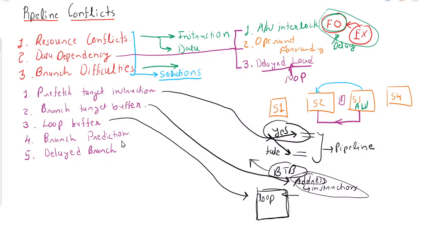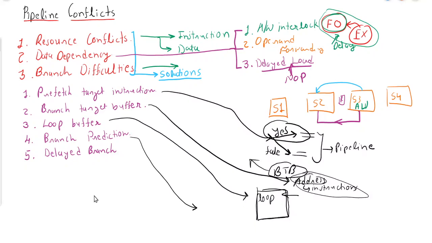Next approach is branch prediction. In branch prediction, we try to predict the branch. A pipeline with branch prediction uses some additional logic, some status bits, to predict the branch.